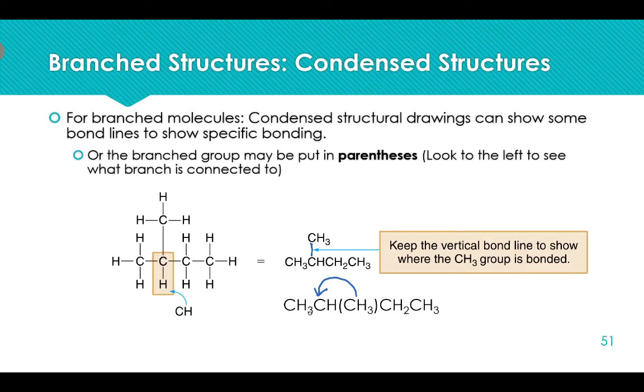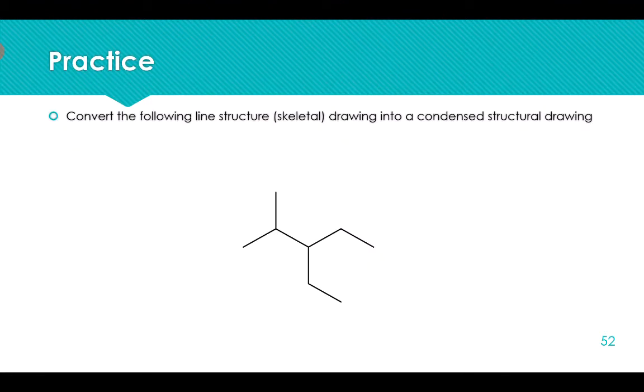So you can see it says CH3, CH, and then parentheses CH3. That implies that that CH3 is bonded to the previous carbon, because we're reading off the carbons like a book from left to right. Practice converting this line angle structure into a condensed structural drawing. Unpause the video when you're ready to check your work.